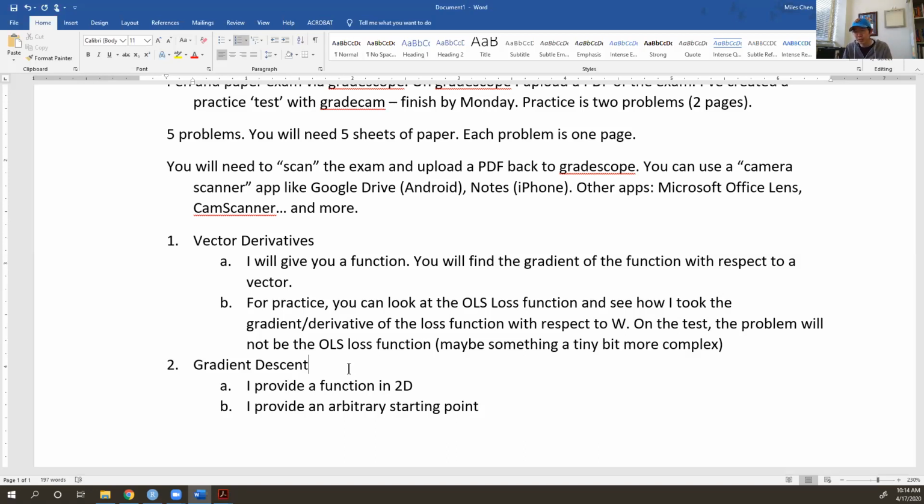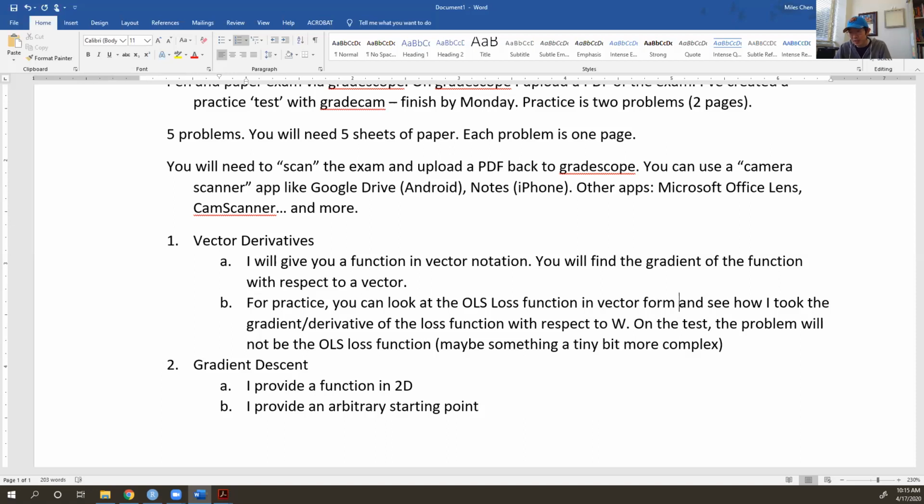The first one is going to be dealing with vector derivatives. I'm going to give you some kind of function in vector notation, and you're going to find the gradient of that function with respect to a vector. For practice, you can look at the OLS loss function and its gradient in vector form, and you can see how I took the gradient, or the derivative, of the loss function with respect to W. On the test, the problem is not going to be the OLS loss function because that's straight from the notes.